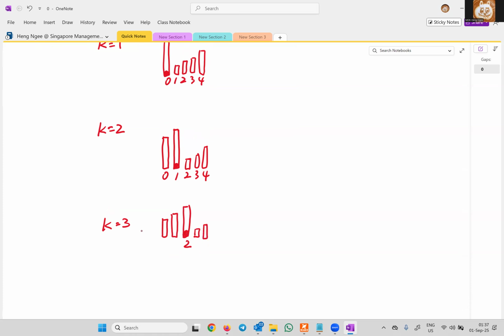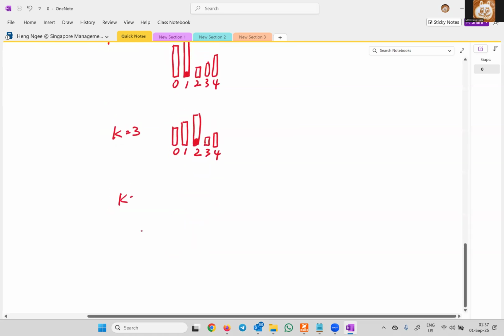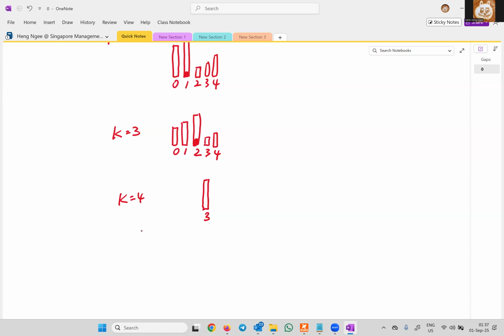And if k is equivalent to 4, this is the last case already. The largest element is at position 3. Looking for this. The shortest is here. Okay.